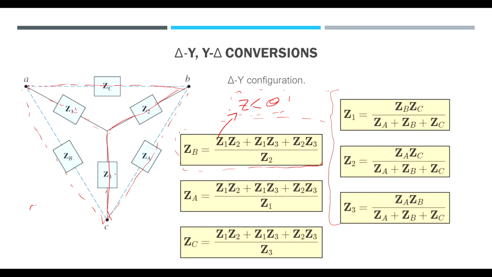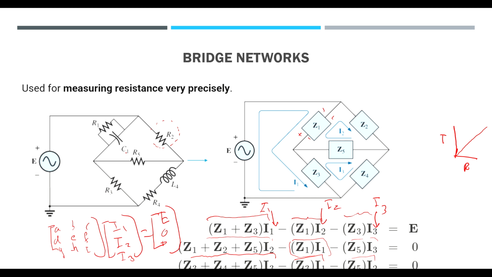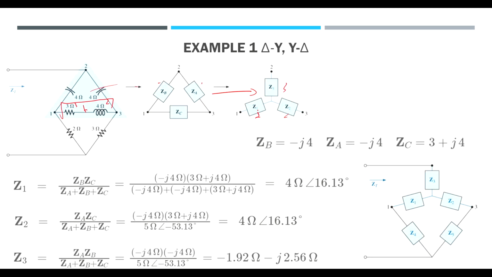And Z3, the impedance 3, is the point connecting the impedance B and the impedance A. So for instance, in this case, impedance A and impedance B are right here at point 2. Therefore, this is going to be my Z3 coming from point 3.